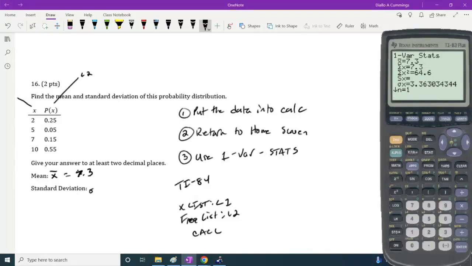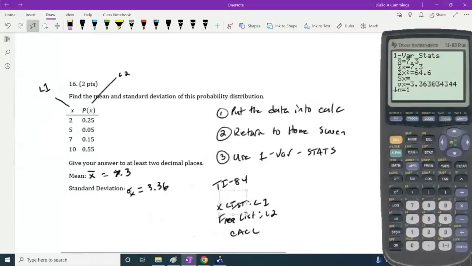So for this question, we're going to use that sigma sub X. But notice it only gives you one output, so we're going to use 3.36. All right. Any questions about 16? Put it in your list, use one variable statistics, and you can pull out the mean and that standard deviation.